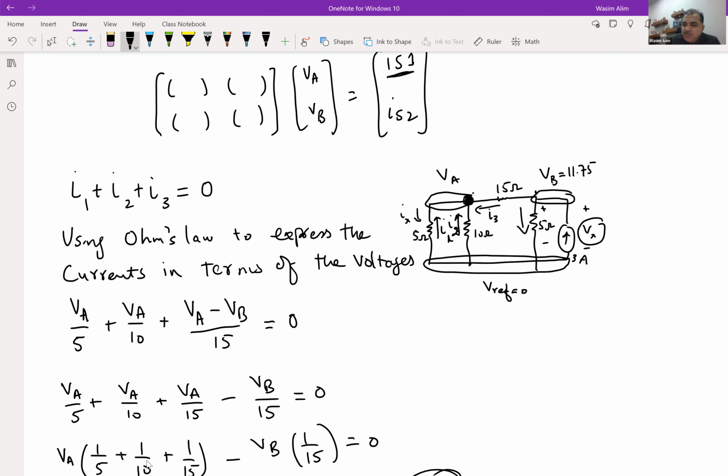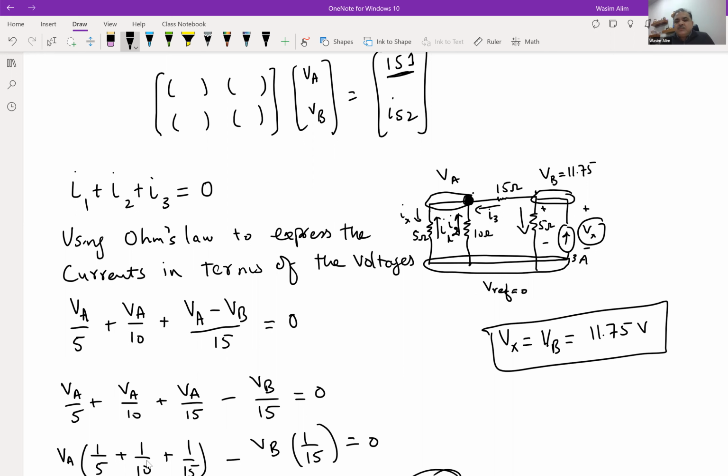Once you have the voltage in that branch, you know that voltage across parallel branches is the same. The current source is the parallel branch, so v sub x is also equal to v sub b, which is equal to 11.75 volts as we have calculated it.